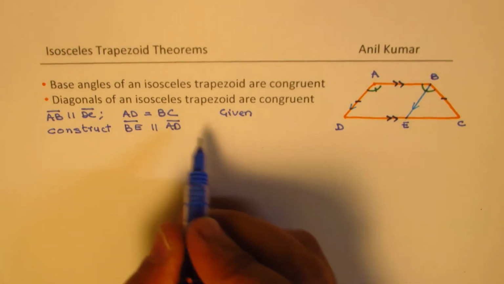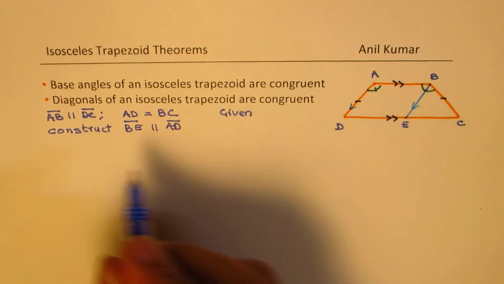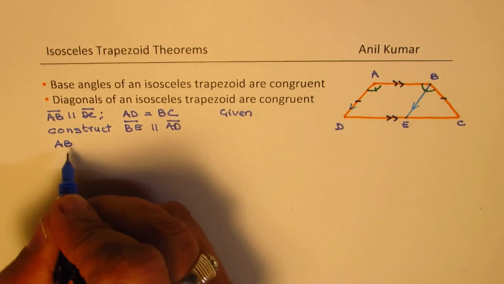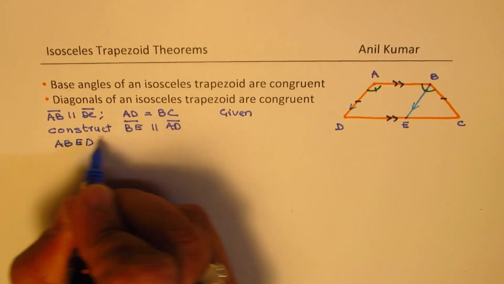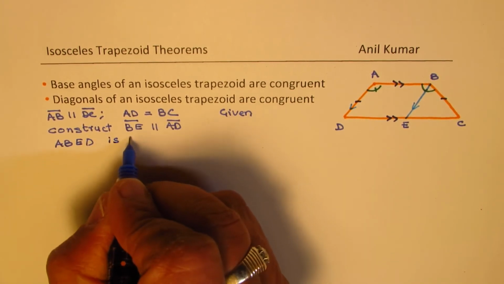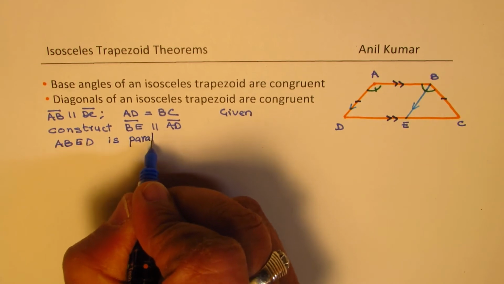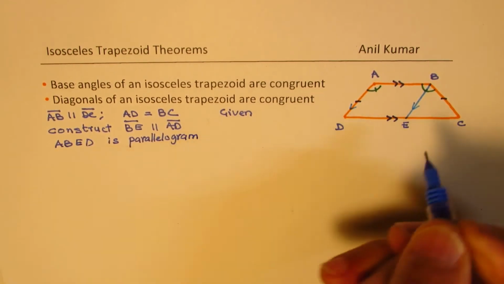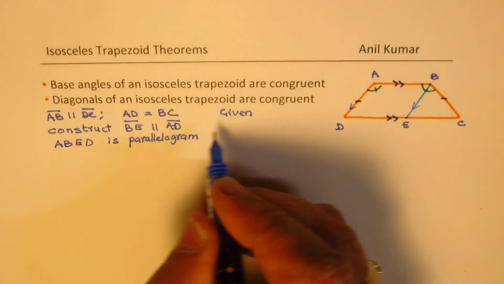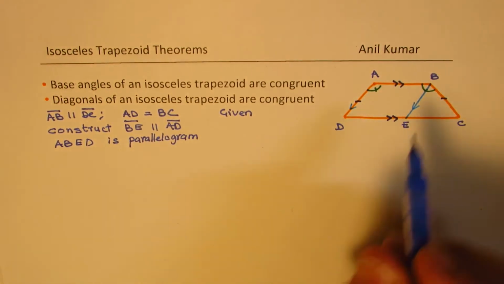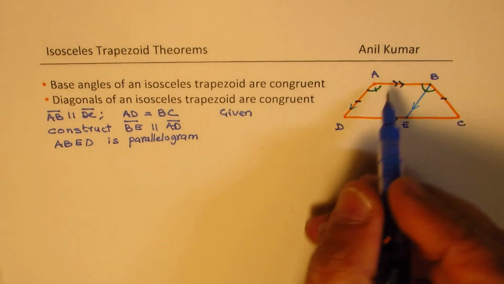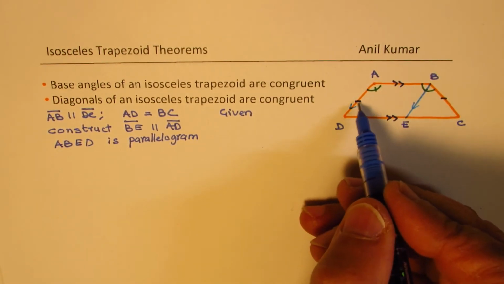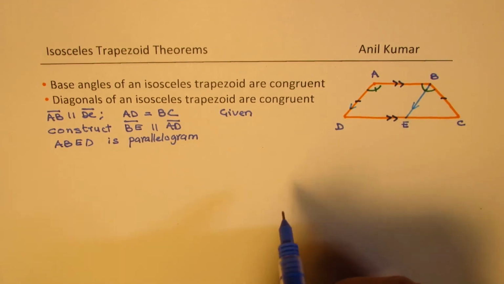So what we get here basically is that AB, ED, this quadrilateral is a parallelogram. Correct? Since from construction, we have AB as parallel, right, given, and then these two are parallel and the opposite sides are parallel.